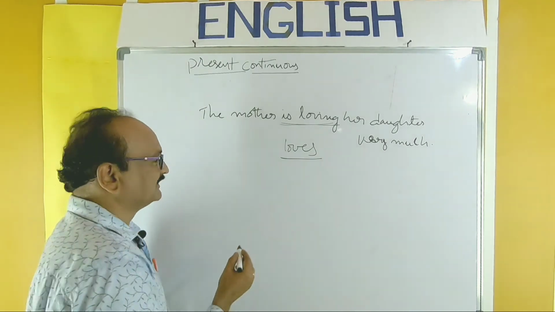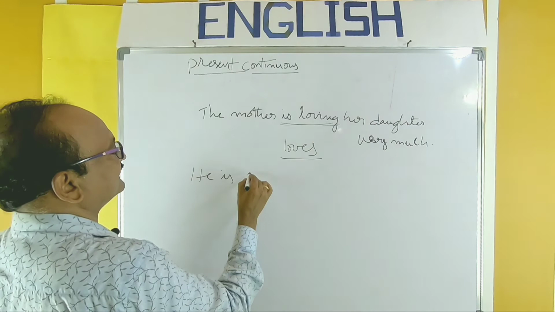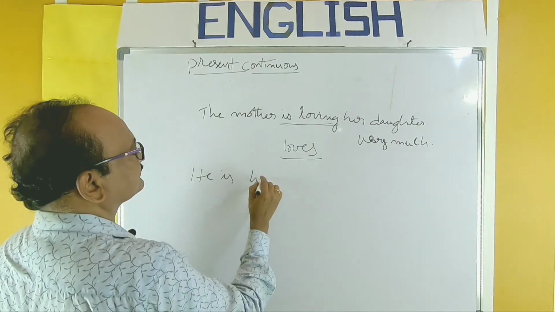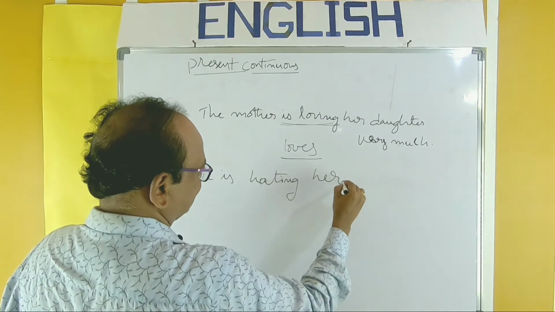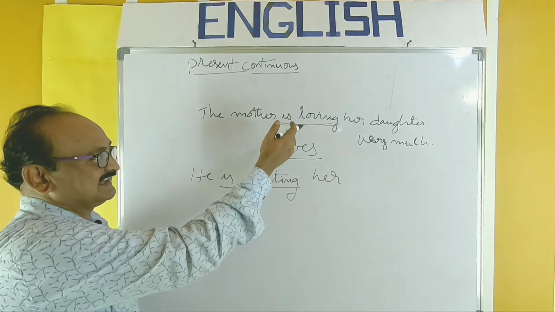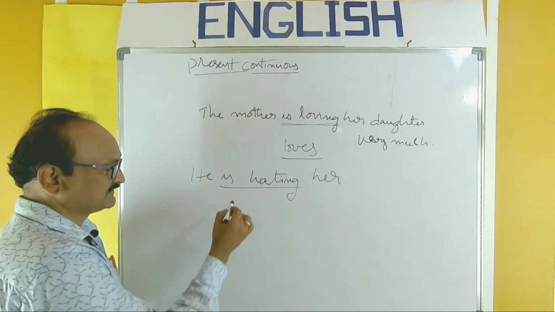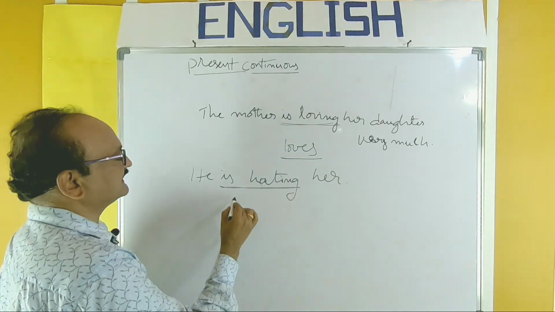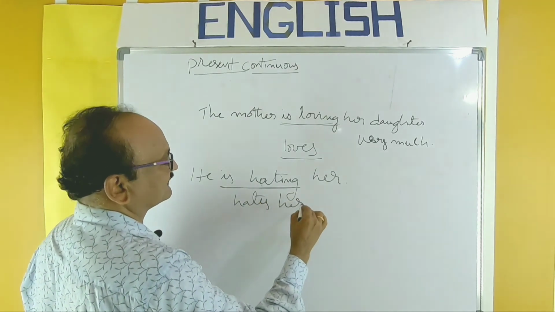So, next we can take another example. He is hating her. He is hating is also wrong. Just as love, hate is also an emotional activity. So, it should not be in present continuous. He hates her.